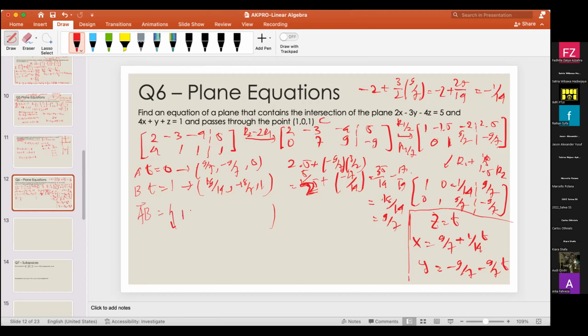This is 1 over 14, comma, negative 18 plus 9 is negative 9 over 7, comma, 1. Okay, next we're going to find AC, which is 1 minus 9 over 7, negative 2 over 7, comma, 0 minus 9 over 7, which is negative 9 over 7, comma, 1. 1 minus 0 is 1.